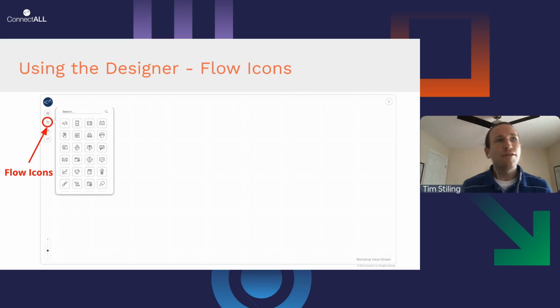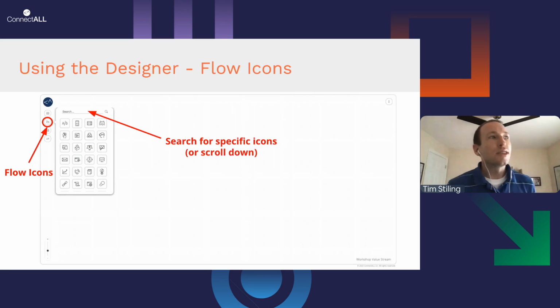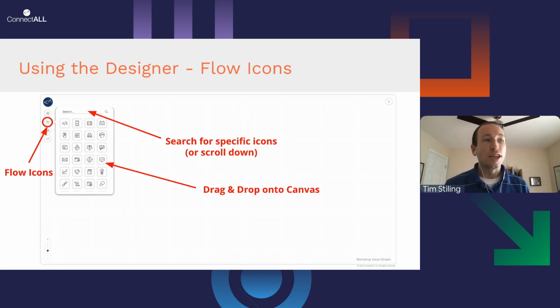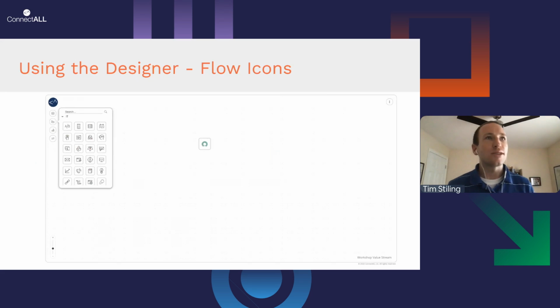So if you click the flow icons, you'll see that there's a menu like this that shows up. You can search for specific icons or scroll down in the same way that you would for the tool icons. And so once you've done this, you can drag and drop it onto the canvas in the same way as your tools. So let's go through a quick practice exercise.